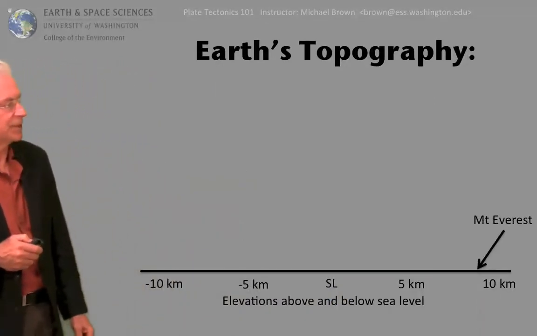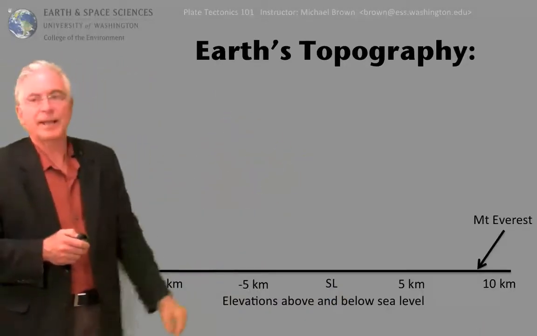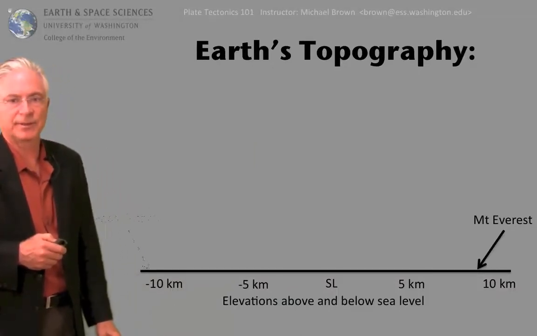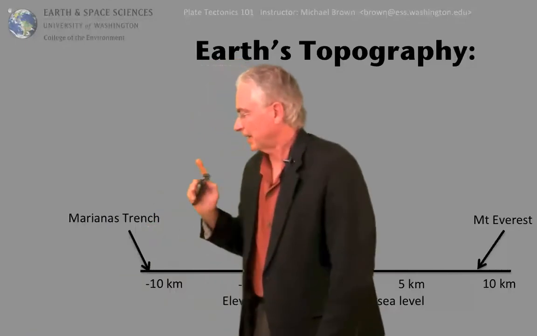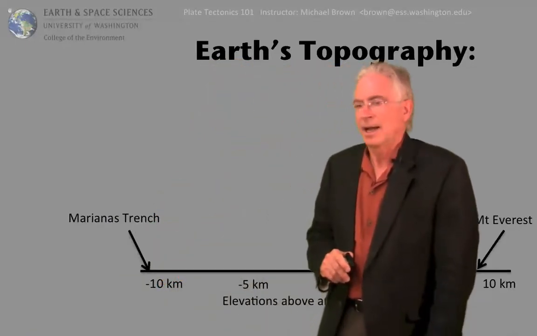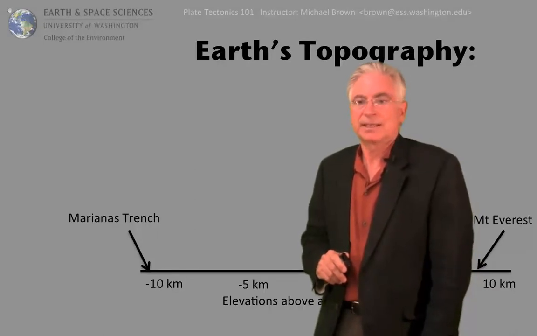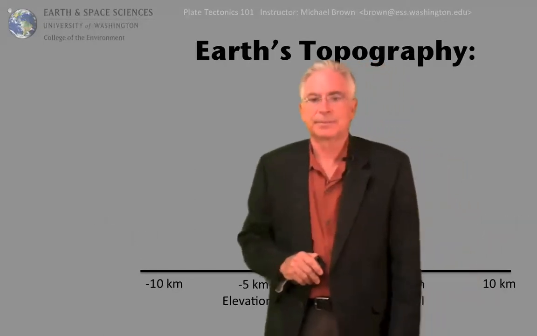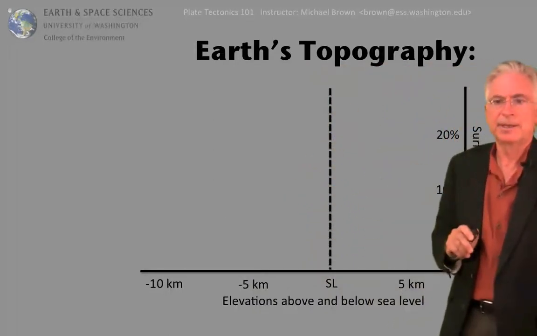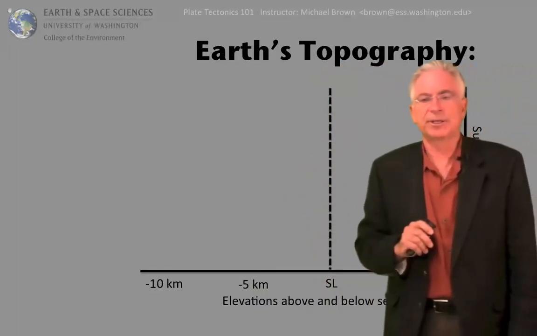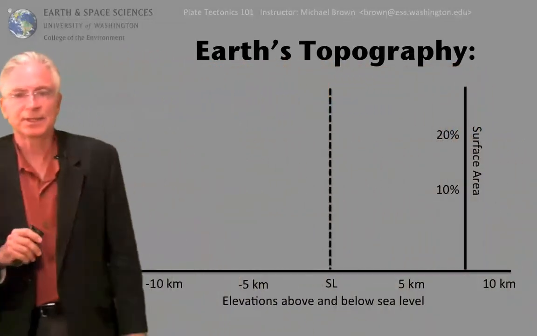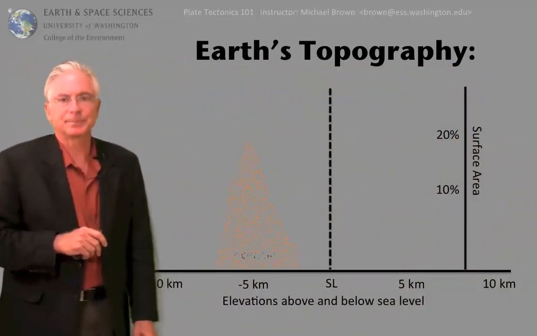Now Mount Everest is over there on the far right of this graph. It's at an elevation of 8 kilometers above sea level. In contrast, the Marianas Trench is about 11 kilometers below sea level, and it is at the extreme of this scale. So sea level in here, and on the vertical axis now, we're going to use percents of the surface area.